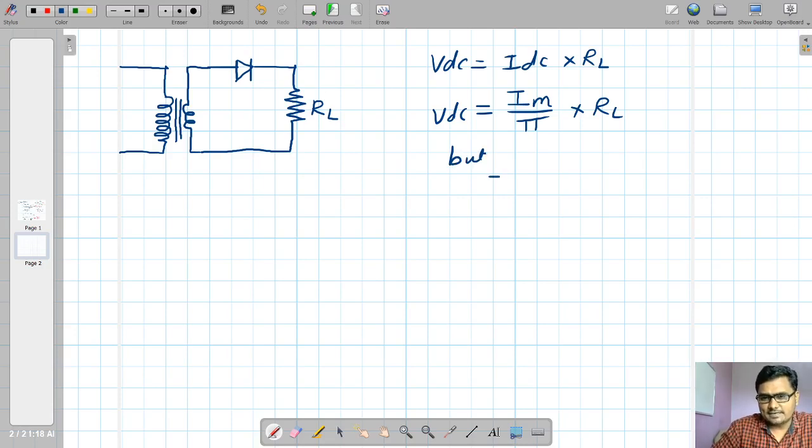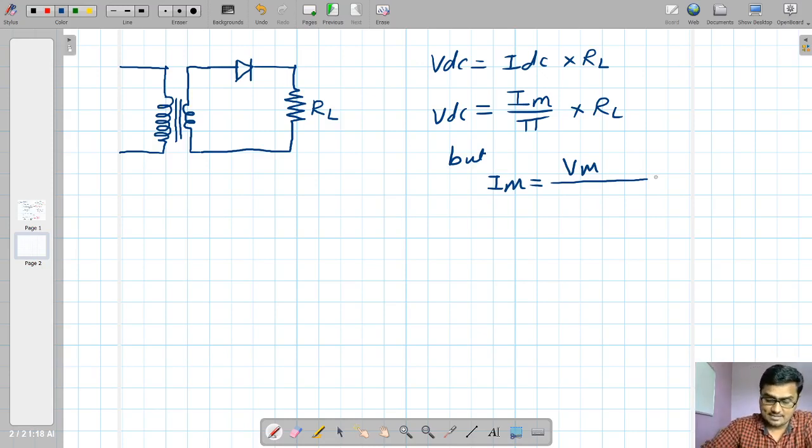But what is the value of Im? By basic Ohm's law, I is equal to voltage divided by resistance. Im is equal to Vm divided by some resistance.